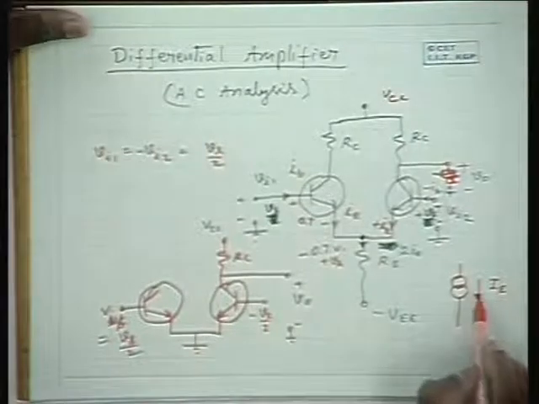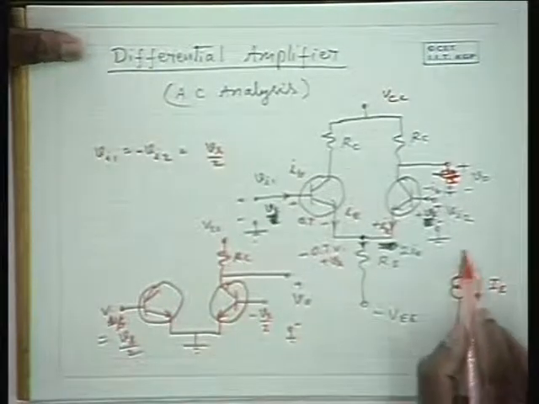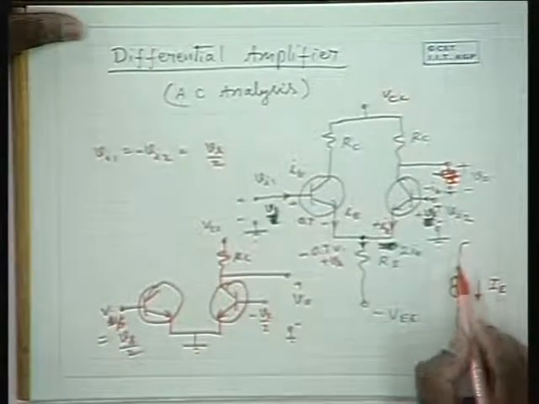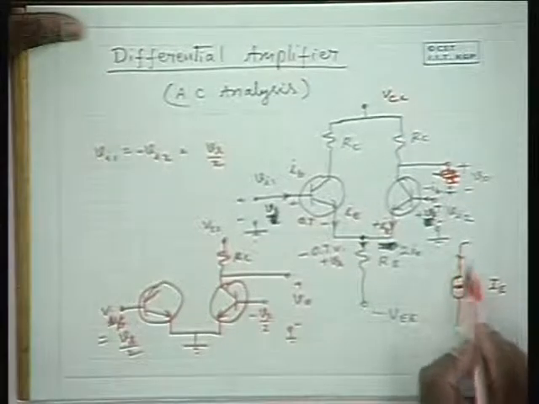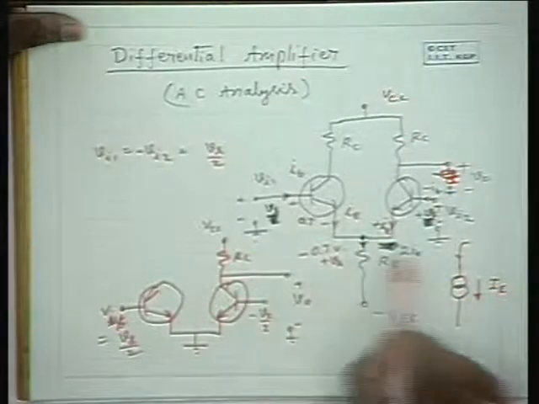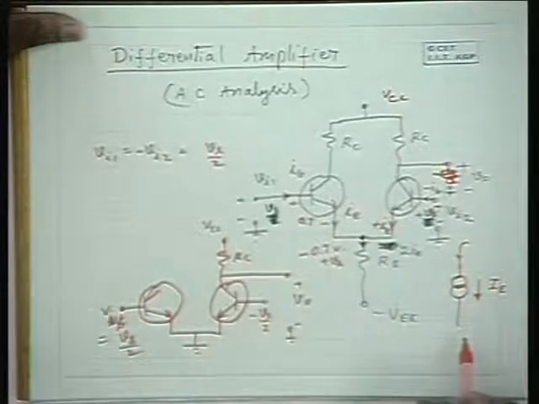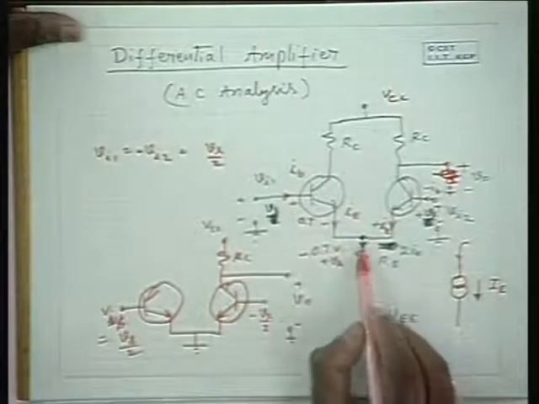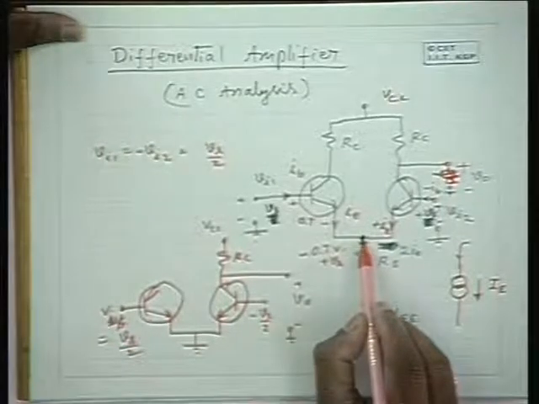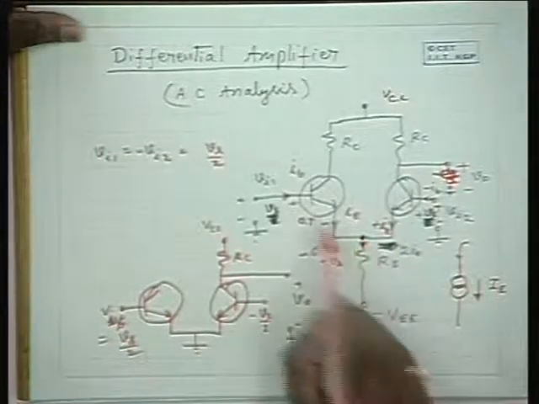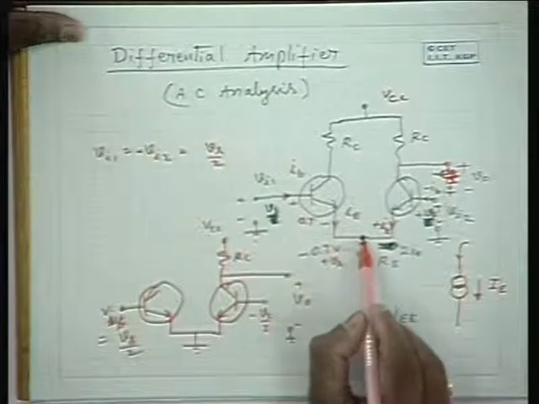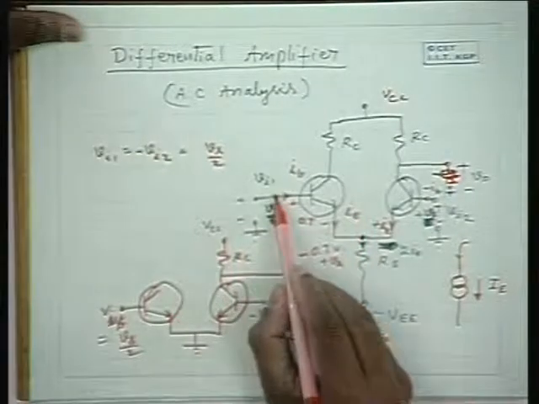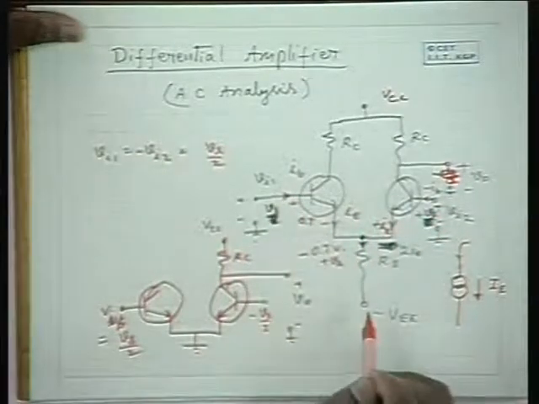What does a constant current source do? A constant current source drives an equal amount of current irrespective of the voltage drop across it. So, when you apply a signal here, the constant current source will elevate its emitter potential equally to this input signal.